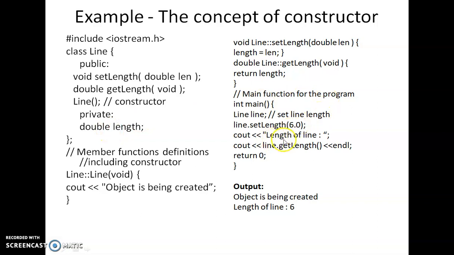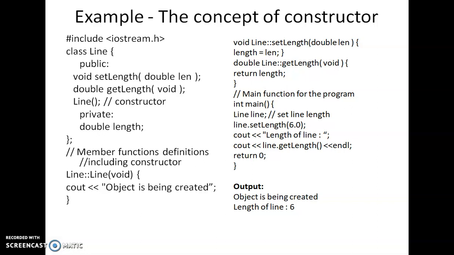Then it prints "Length of line" in double quotes, and next cout line dot getLength. It returns the value in length, 6.0, and prints it here as 6.